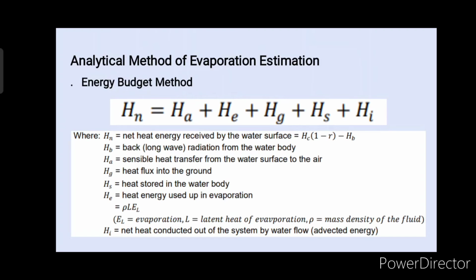The heat energy HE is equal to ρ EL L, where EL is evaporation, L is latent heat of evaporation, and ρ is the mass density of the fluid. You just multiply the three and you find HE.